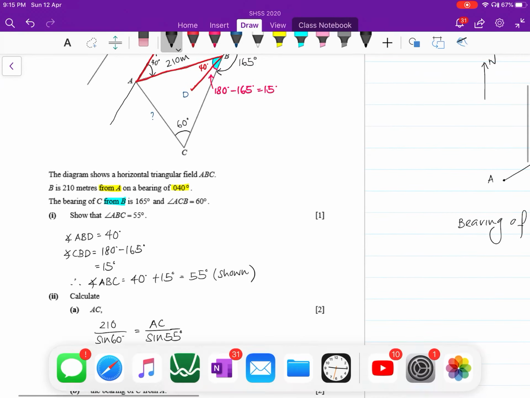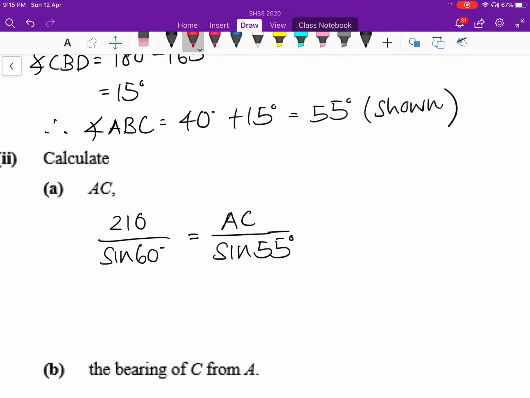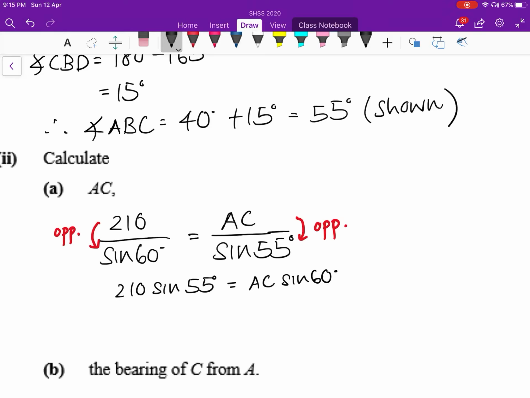Always remember that this length 210 needs to be opposite the angle. This length AC needs to be opposite the angle. From here, fraction equals to fraction, you can cross multiply, 210 sine 55 equals to AC multiplied by sine 60. I only want AC and I just divide by sine 60 because here's a multiply.